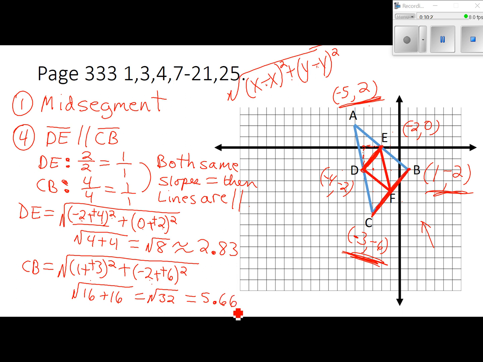What we're trying to show is that this mid-segment is half as long as this one. If you take 2.83 on your calculator and times it by 2, you get 5.66. So that shows that this top one is half of the bottom one down here.